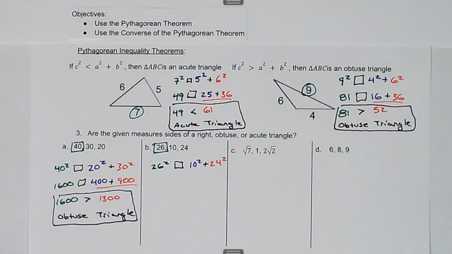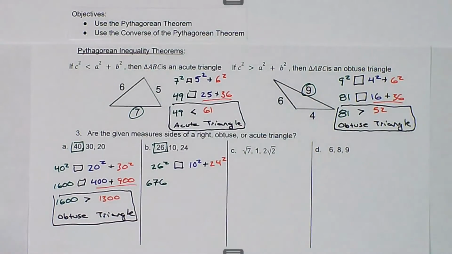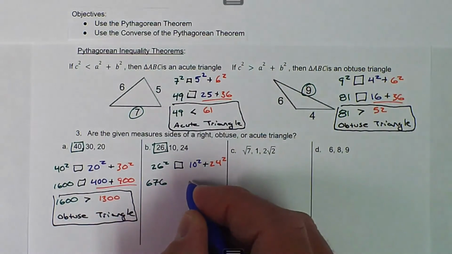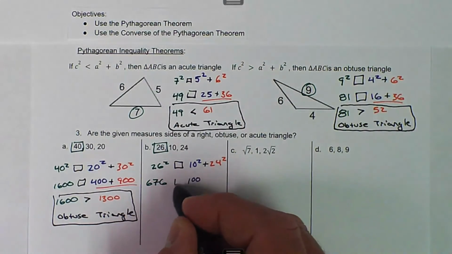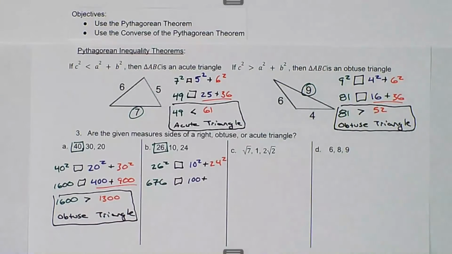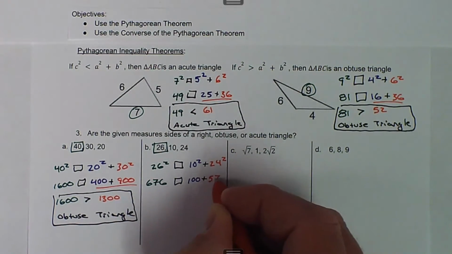So 26 squared, if we use our calculator, we get 676. And 10 squared, we get 100. And we want to check to see how these are related. And 24 squared is 576.